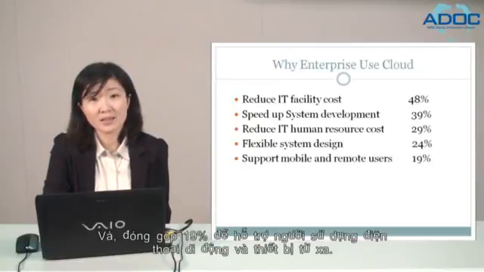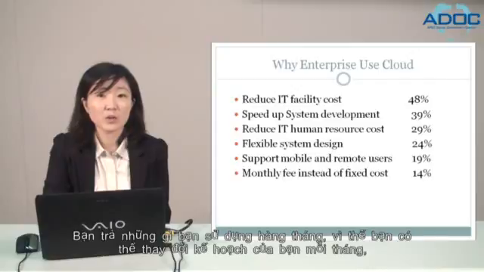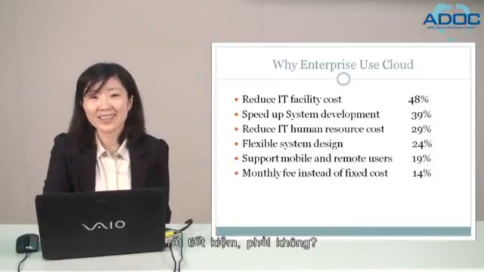And 19% contribute to support mobile and remote users. 14% monthly fee instead of fixed cost. You pay what you use monthly, so you can change your plan every month. Very green, right?